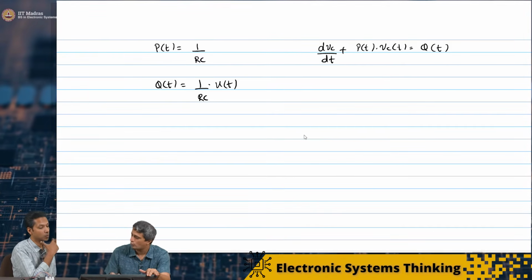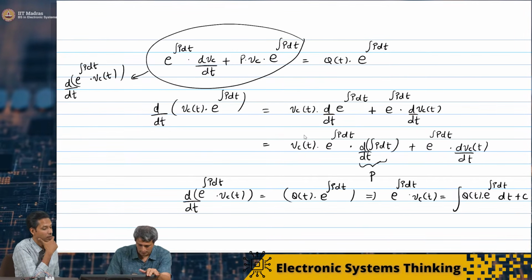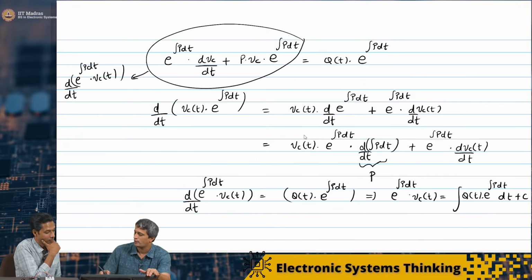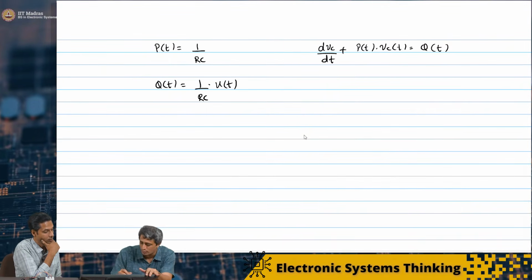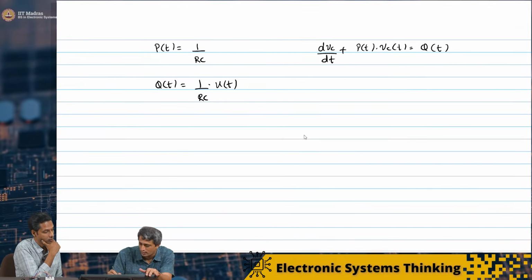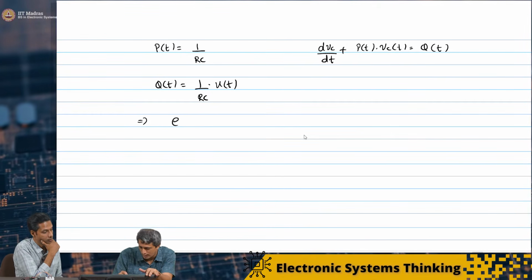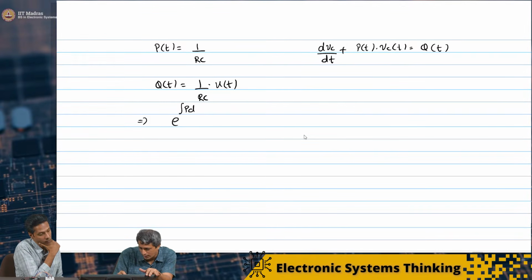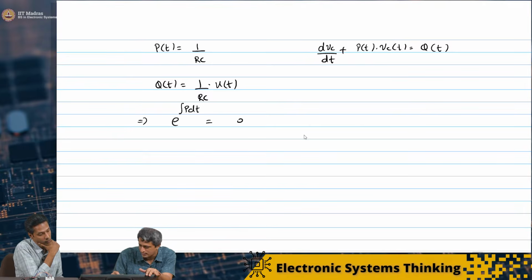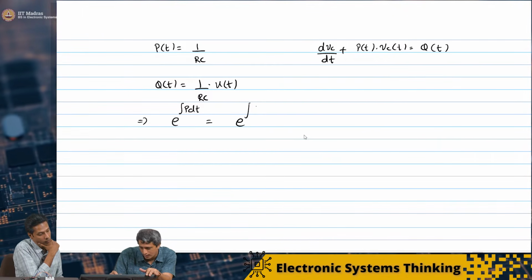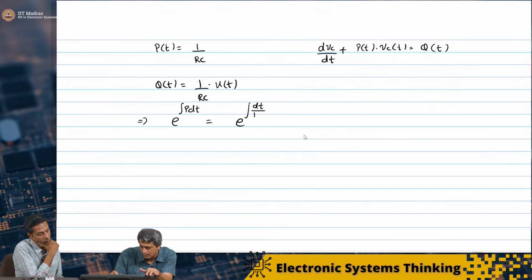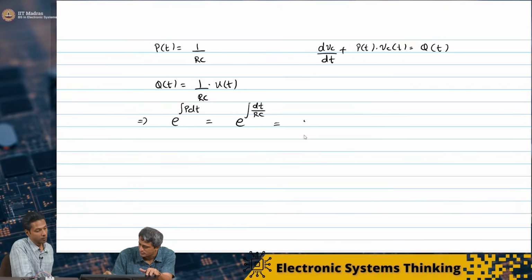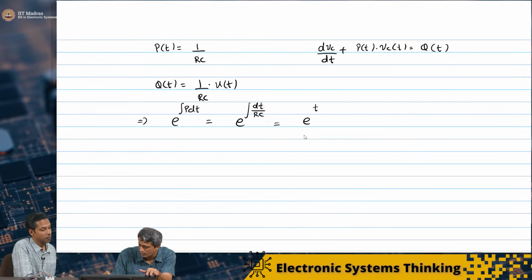Therefore, I will now apply this solution. Let us look at what e power integral p dt is first of all. It is e power integral dt by RC, which is nothing but e power t by RC.